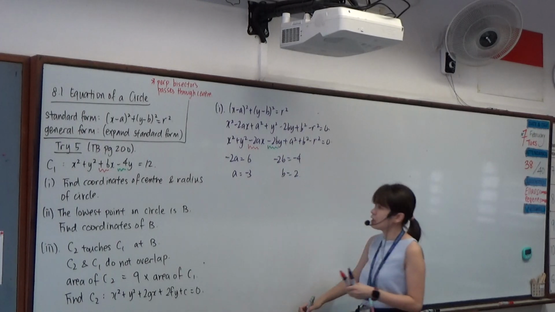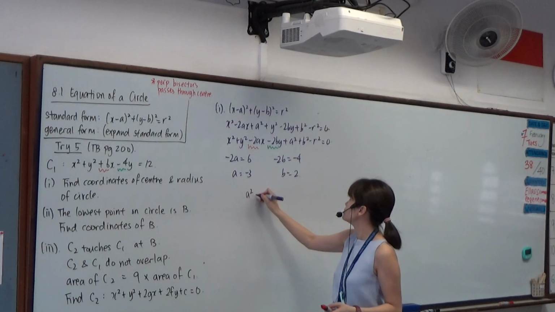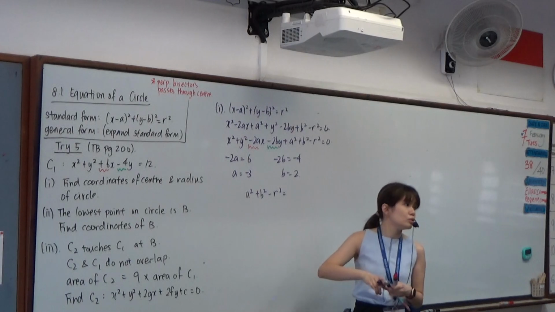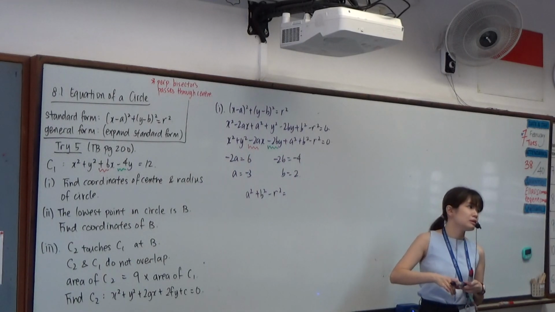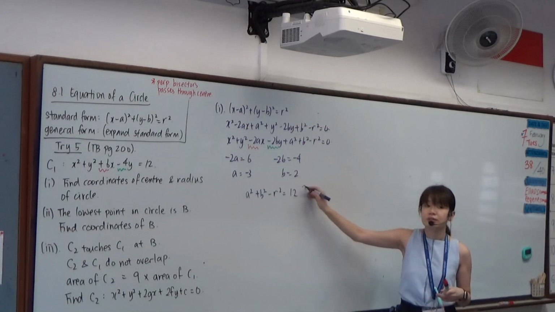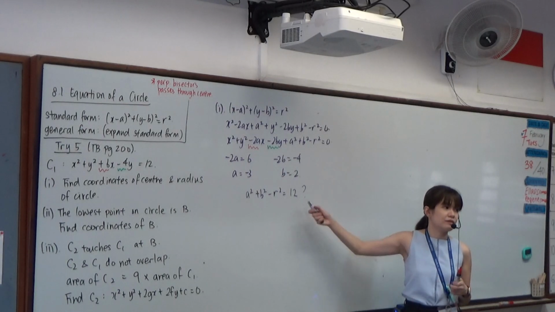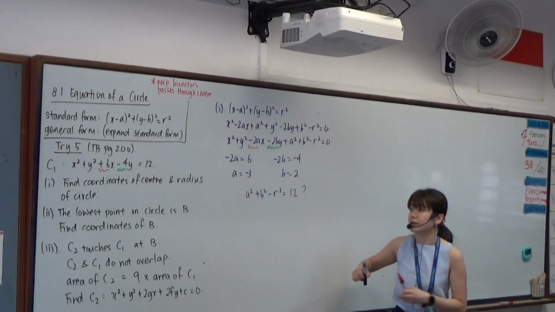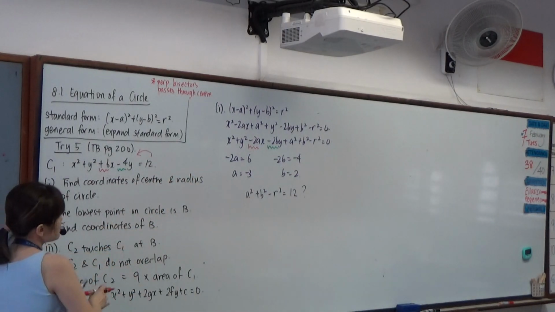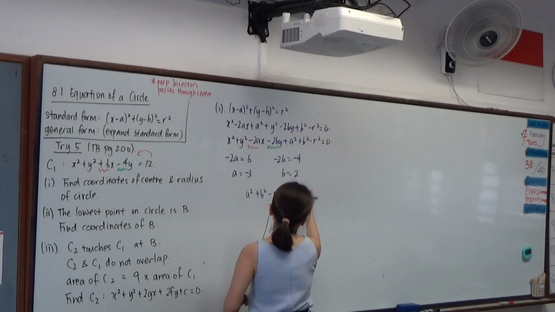Then we can find out what a squared plus b squared minus r squared is equal to. Is it equal to 12? Matthew, what do you think? Negative 12, yeah? So do be careful. This one is on the right side, so you need to shift it over. Technically, it should be equal to negative 12.